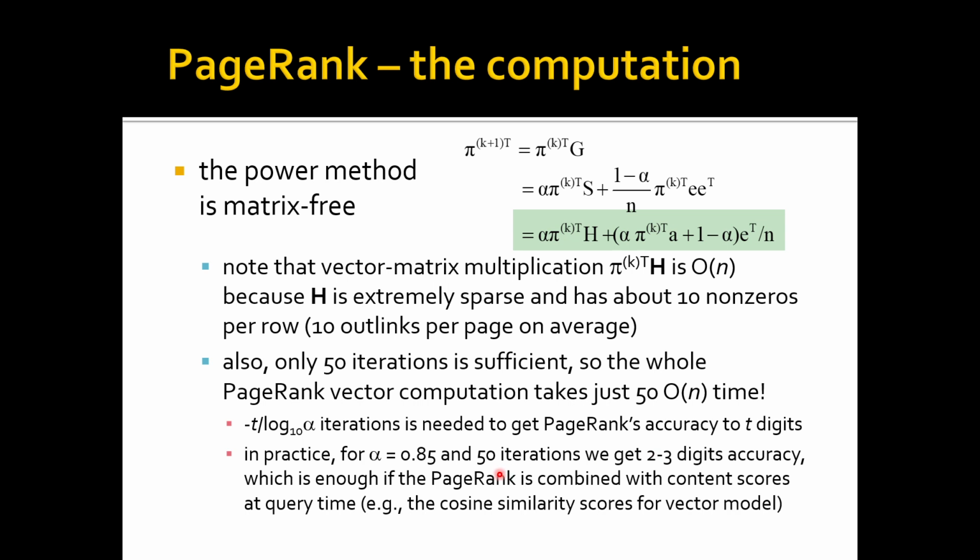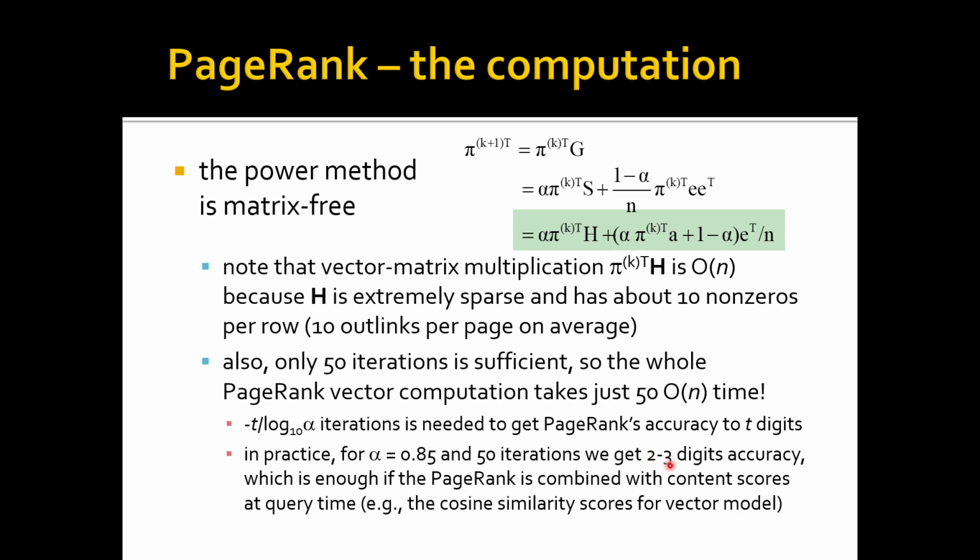One could say, well, 2 digit accuracy is not much, because if we imagine we have billions of pages and only 2 digits of accuracy, that means we have only 100 buckets where all of the pages must be put into. So we have a very low resolution of 100 categories, or 1000 if we have 3 digits.